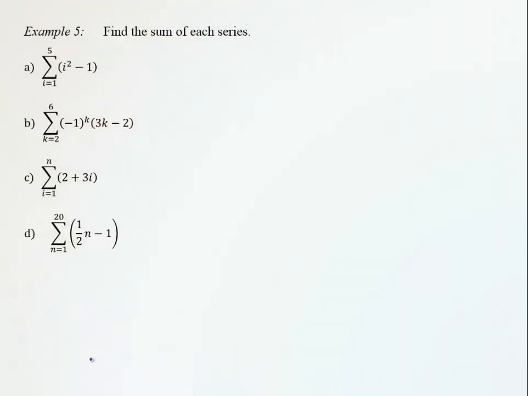Okay, using the above properties, let's try to find sums of the following series. Here I have a summation of the difference of two things. So I can split this over sigma of i squared from 1 to 5 minus sigma of 1 from 1 to 5.